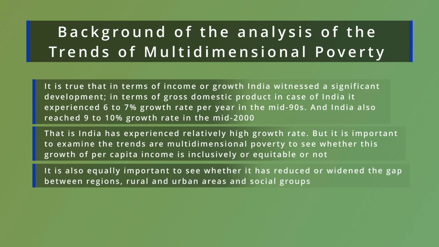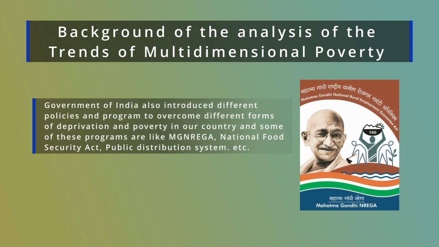It is also equally important to see whether it has reduced or widened the gap between regions, rural and urban areas, and social groups. Side by side, the Government of India also introduced different policies and programs to overcome different forms of deprivation and poverty in our country.